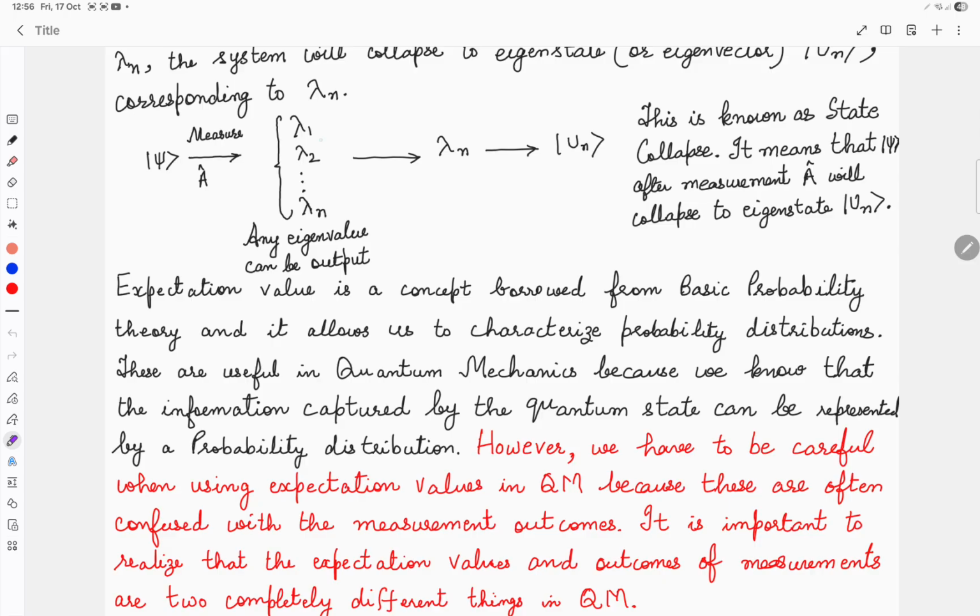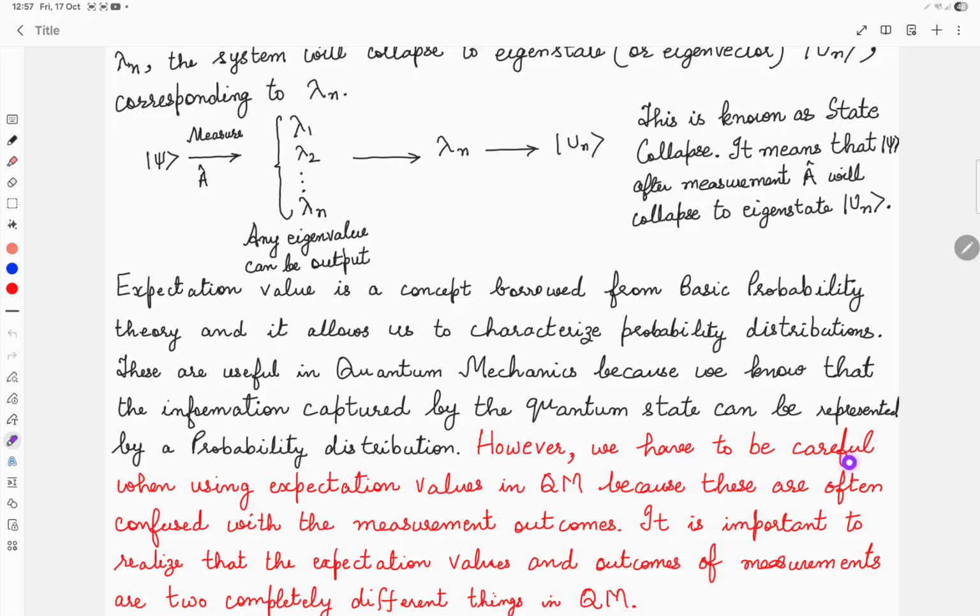That means if the measurement outcome is this lambda n, there will be a probability p lambda n attached to this measurement outcome. In the same way, all the eigenvalues will have a probability attached, that with this probability this outcome at the time of measurement can come, right? That's why I say that information captured by the quantum state can be represented by a probability distribution.